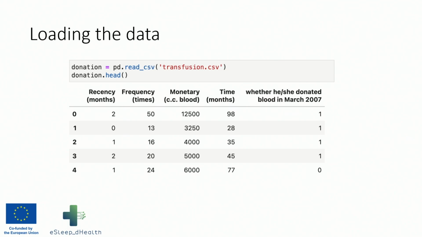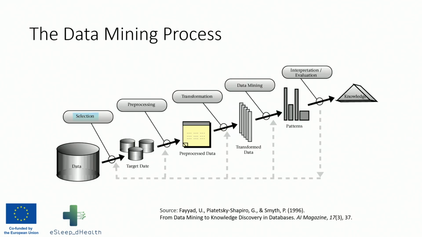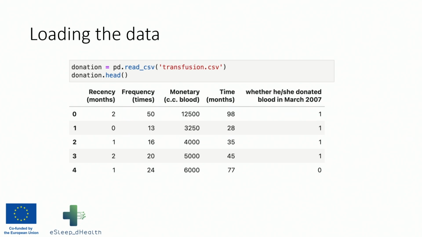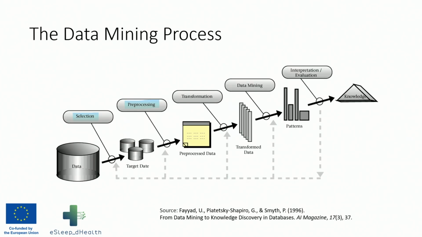So here in the selection part, make sure that you get the right data for your machine learning model. And loading it into Python and having a first look at it will be very useful.